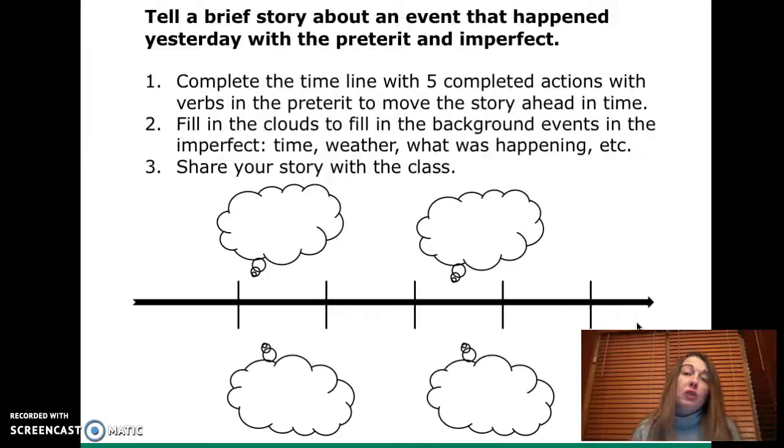I mean, there's a lot that you can do with both the preterite and the imperfect. But really, if you think about it, think of preterite actions, okay, as that storyline, the actions that move the story along. The rest is just background information, right? And if you think about being a storyteller, the best storytellers really give great descriptions, right? And those are the people that really flesh the story out. All those little additional things that you want to hear. Like I said, the color of the walls, what the object looked like that he was buying, what the weather was like.